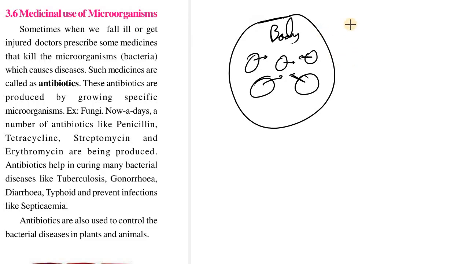Falling ill is basically due to something. Remember our cell, so think of your body like a cell. Some foreign particle is entering your body and disrupting the normal mechanism of your body. So that's the basic idea. Now our body has its own defense mechanisms, own microbes as well as defense cells and all that.